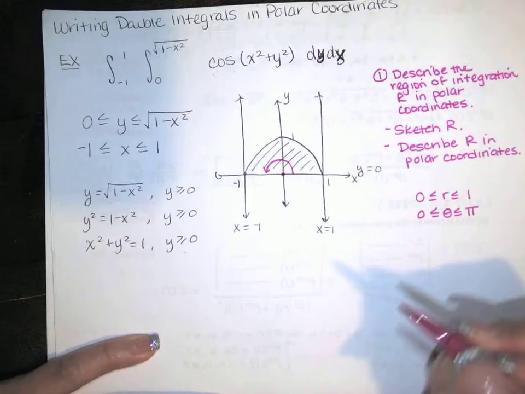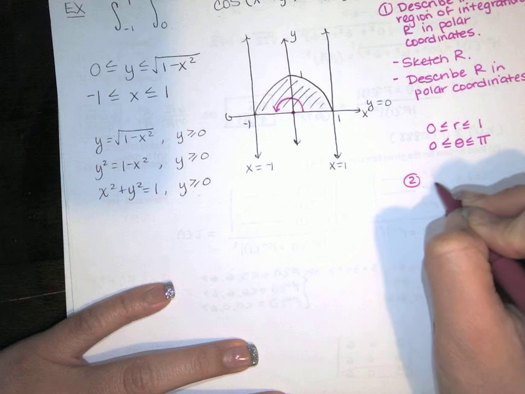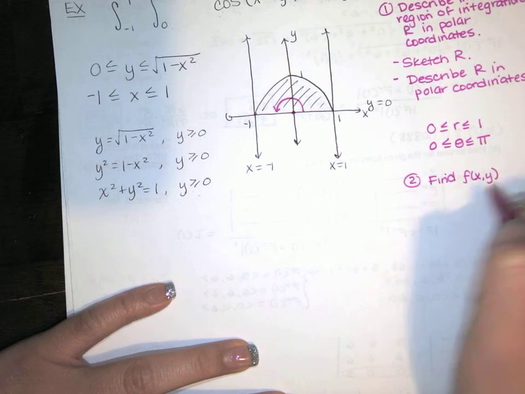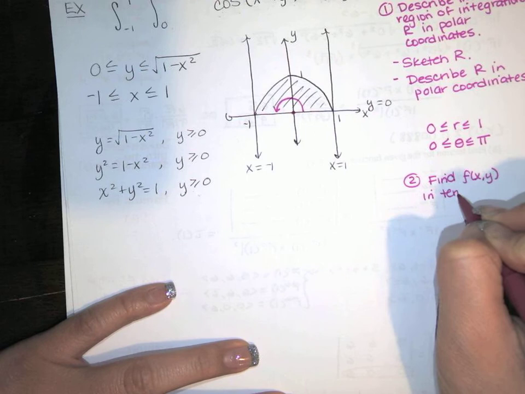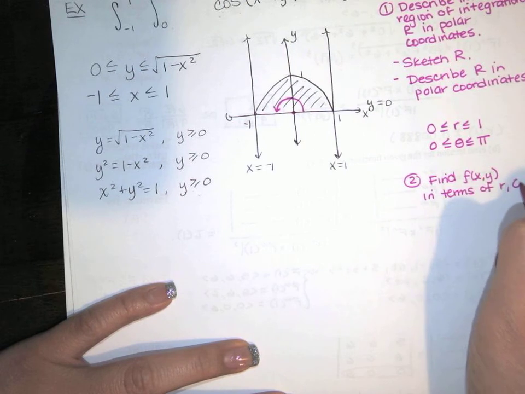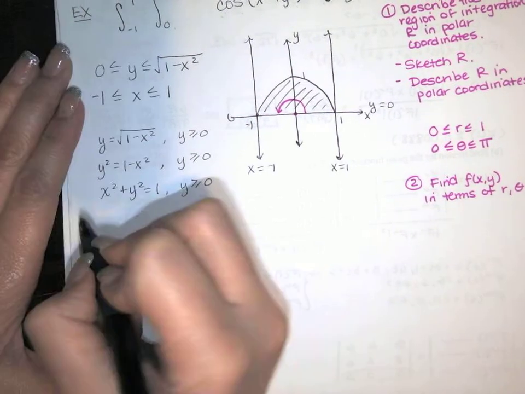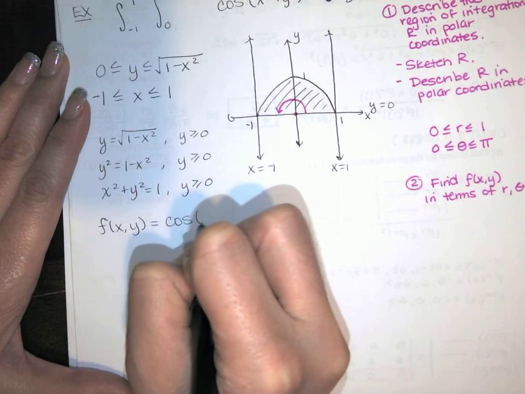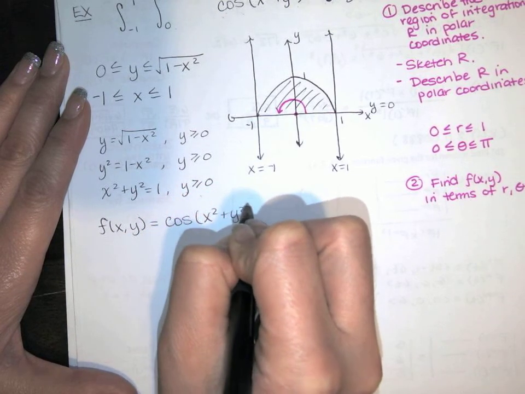Now we also need a new integrand. So you need to find f of x, y in terms of r and theta. And our f of x, y, that's cosine of x squared plus y squared.